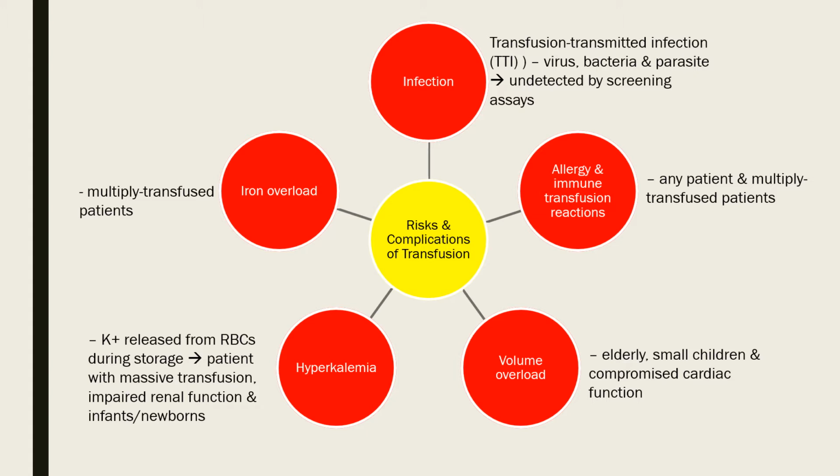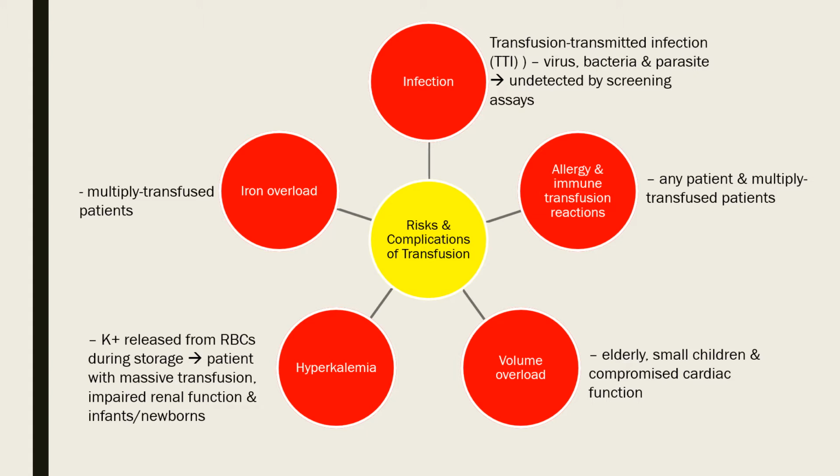This can happen when the pathogens are present in the donor blood. However, these pathogens escape the detection by screening assays. As we all know, there are limitations such as in serology assay, in which the method is not able to detect antibody during window period.